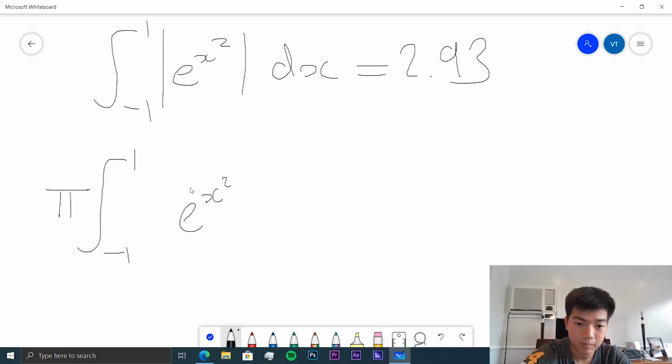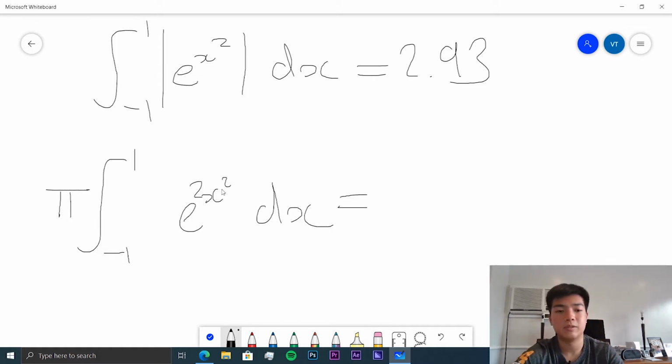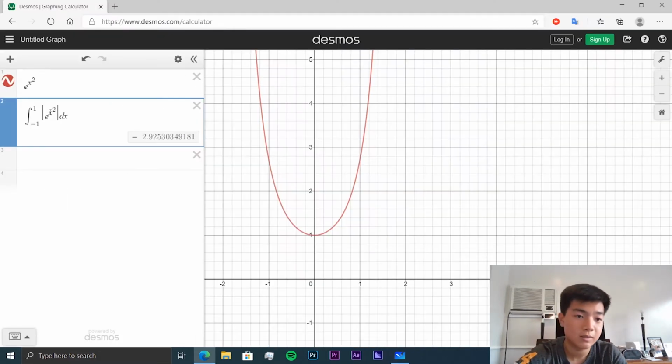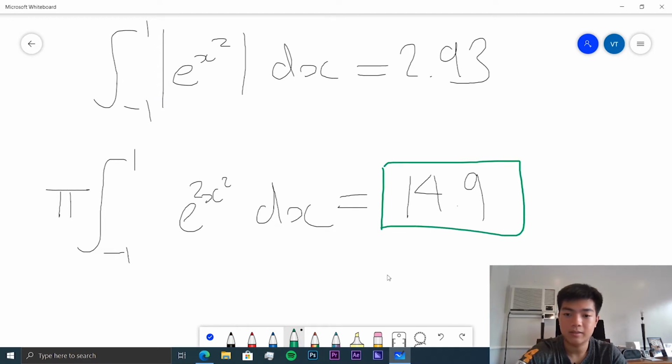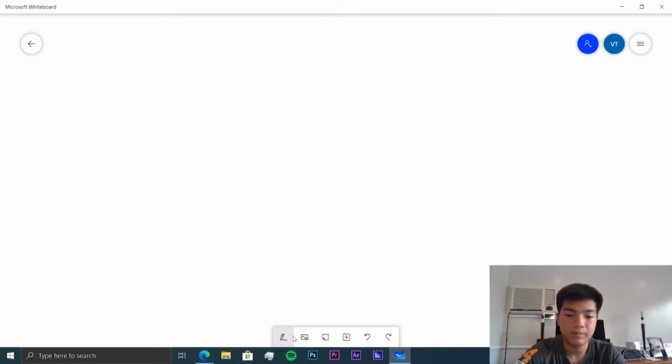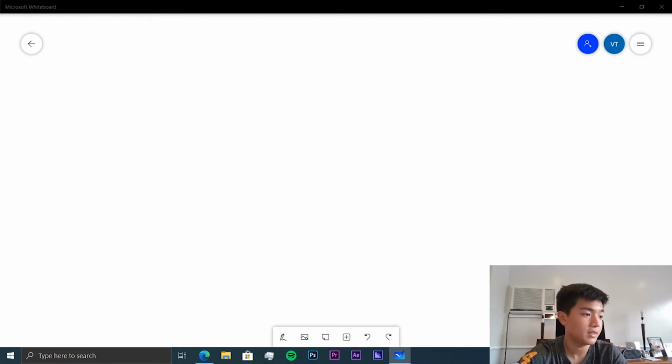Yep. So dx. So this will be equal to, again, let's just change this to 2, 4.72, and then we have to multiply this all by pi. So I got around 14.85 or 14.9 as the answer. Okay, so on to the next question.